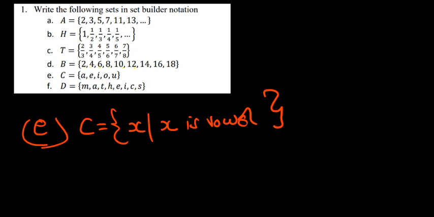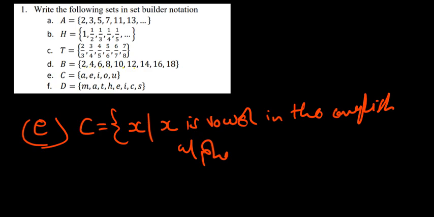Okay, we can make it more solid. We can say is a vowel in the English alphabet. Okay, so that is the set C when we represent it in set builder notation.